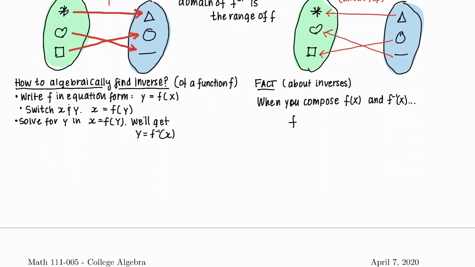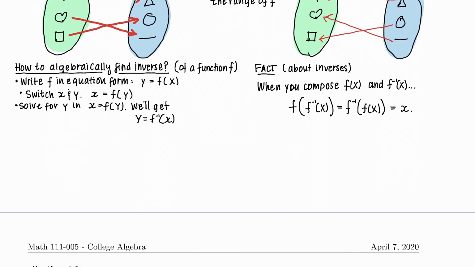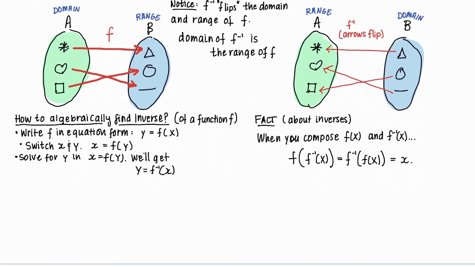So let's write that out. F of f inverse of x ends up being the same exact thing as f inverse of f of x, and that is x. So this fact is really useful for checking your work.